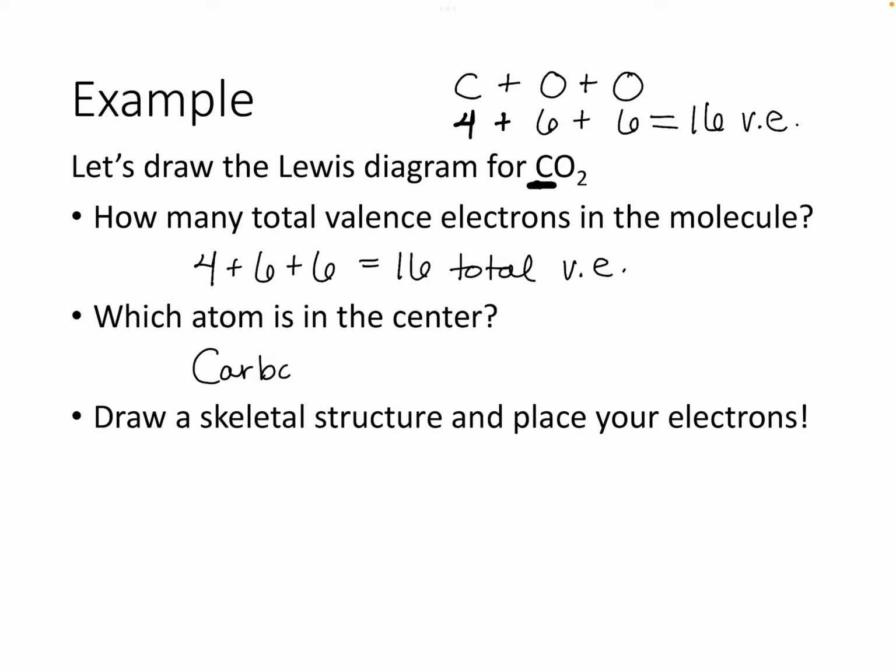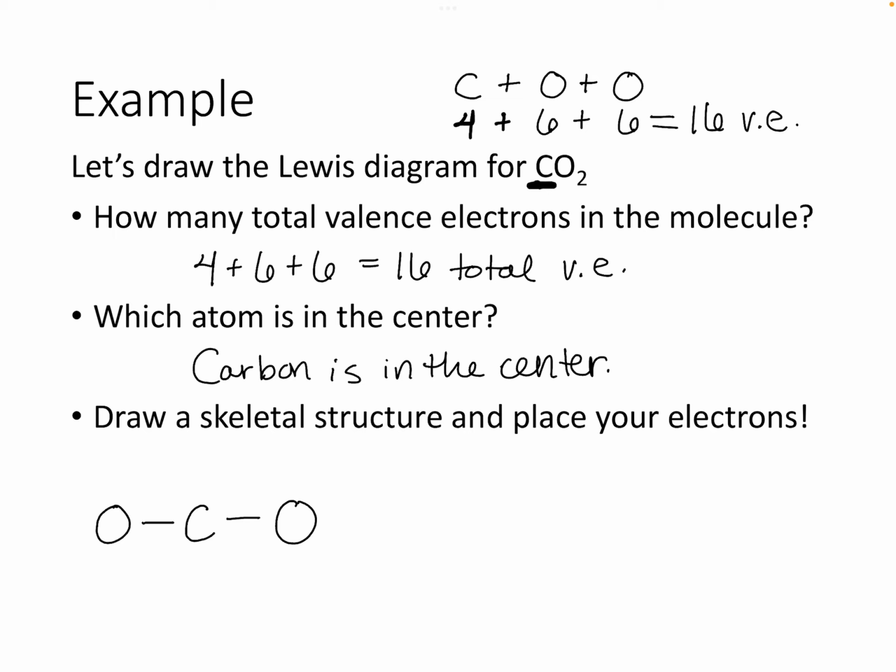So carbon is in the center. So let's draw a skeletal structure first. So I'm going to put carbon in the middle, and then I'm going to draw bonds to each oxygen. So I'm putting my remaining atoms around the central atom.